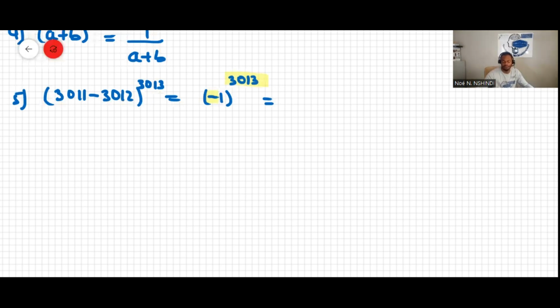If we have an odd number as exponent, the base will keep its sign, and it's going to be negative. And 1 to any power is still 1. So the answer is negative 1. Question 6.